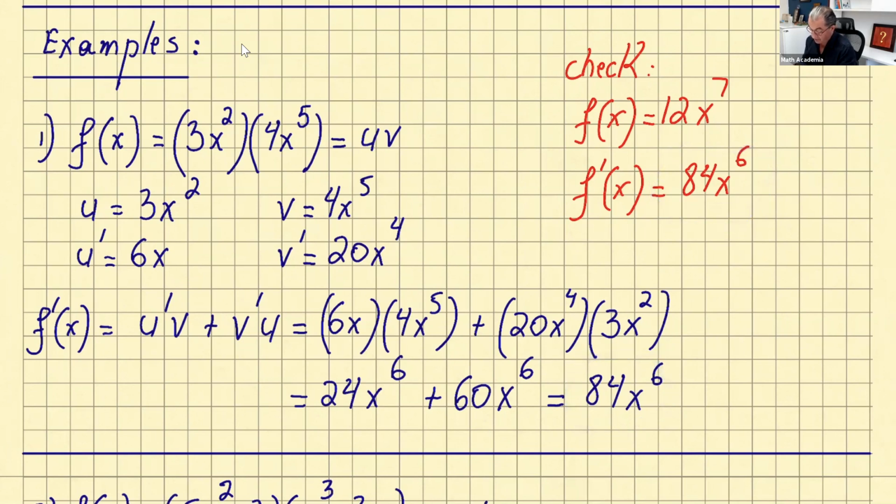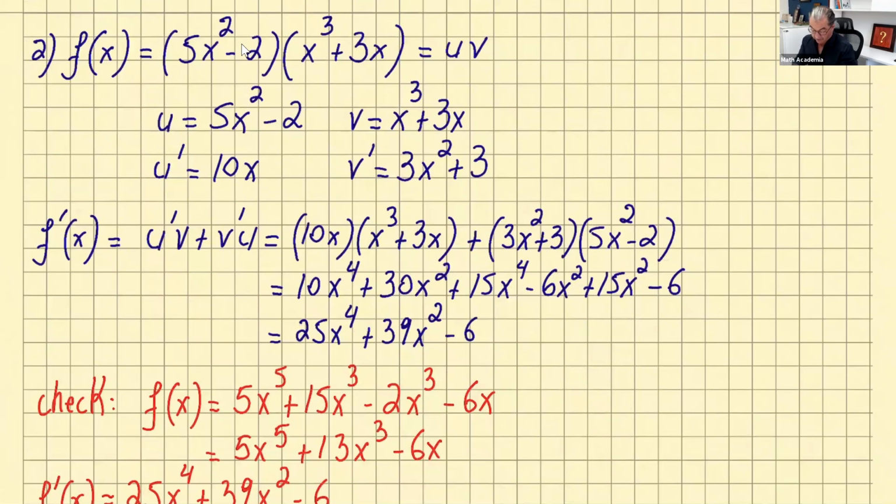Now you're going to say this is much faster, but not all functions can be done using the power rule, because sometimes you have larger exponents and it gets more complicated, so you will need to use the product rule.